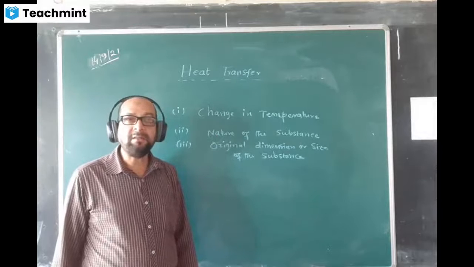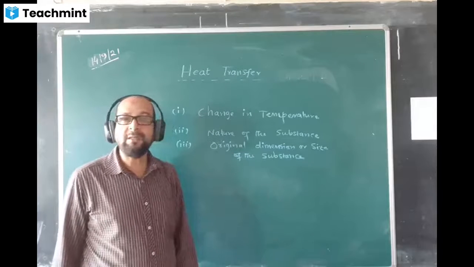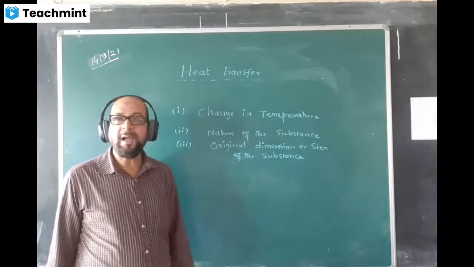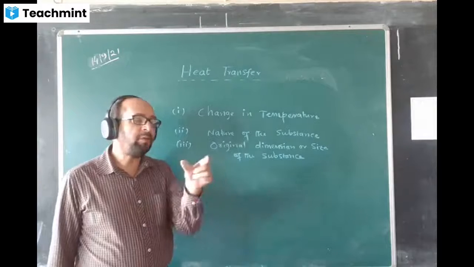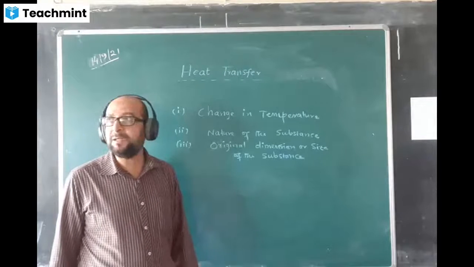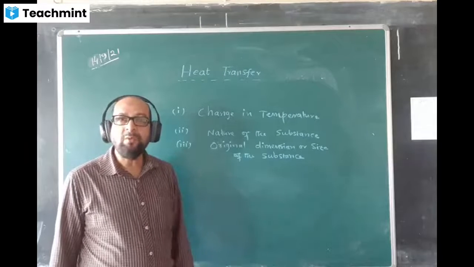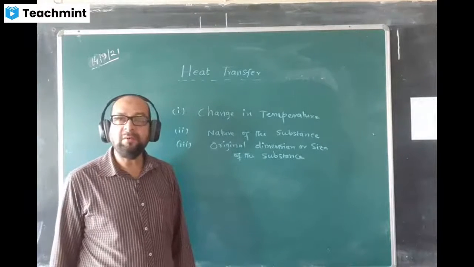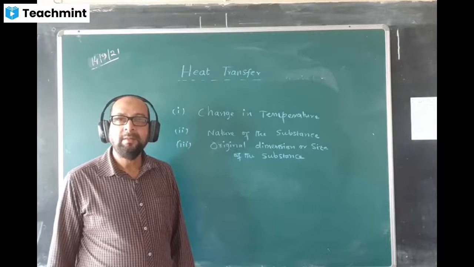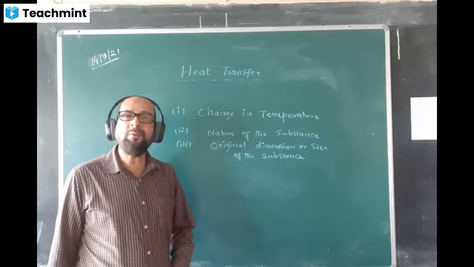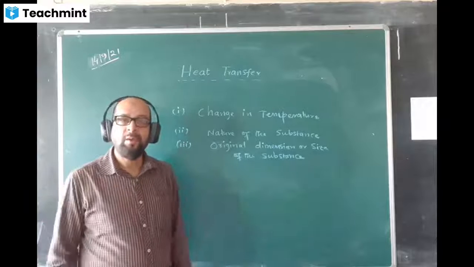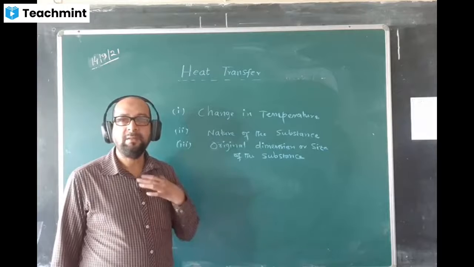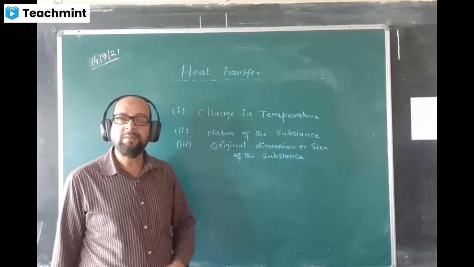Some substances by nature expand more and some expand less. For example, take plastic and steel of the same size and change their temperature by the same value. You will find that the plastic expands more than the steel or iron. Some liquids also have a tendency to expand more and some expand less. It depends upon the nature of the substance.